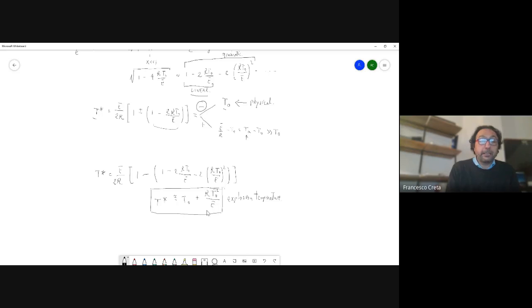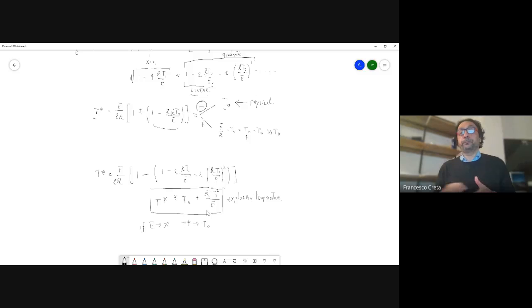What does that mean? It means that if the activation energy is very large, for example going to infinity, then the explosion temperature tends to T0.